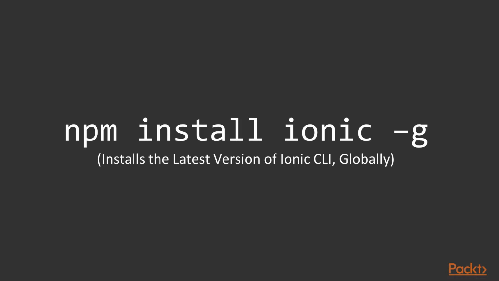Ionic CLI is also available as a Node module, and therefore we'll be using npm to install the Ionic CLI. The command to install the Ionic CLI is npm install ionic -g. The -g flag here makes sure that the Ionic CLI is installed globally on your system, and you can execute Ionic CLI commands from anywhere on your system.